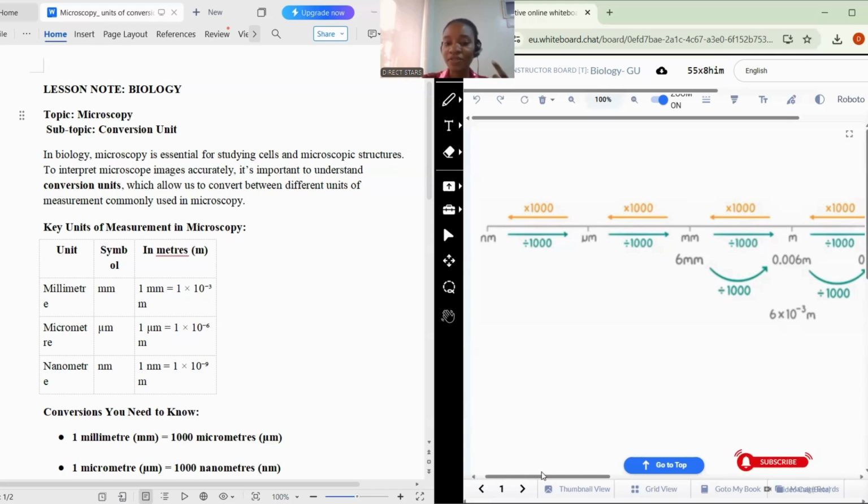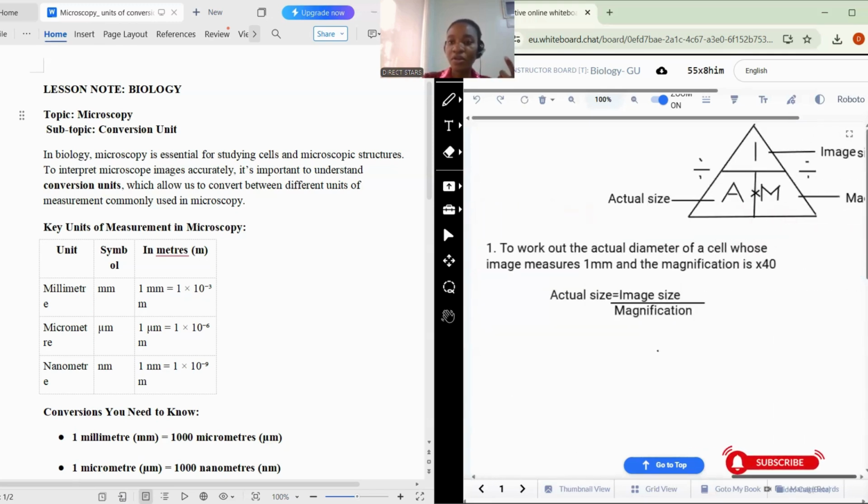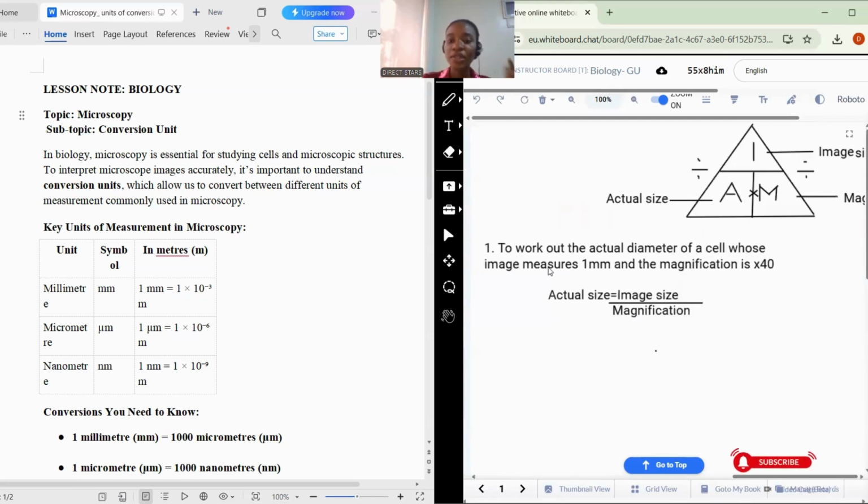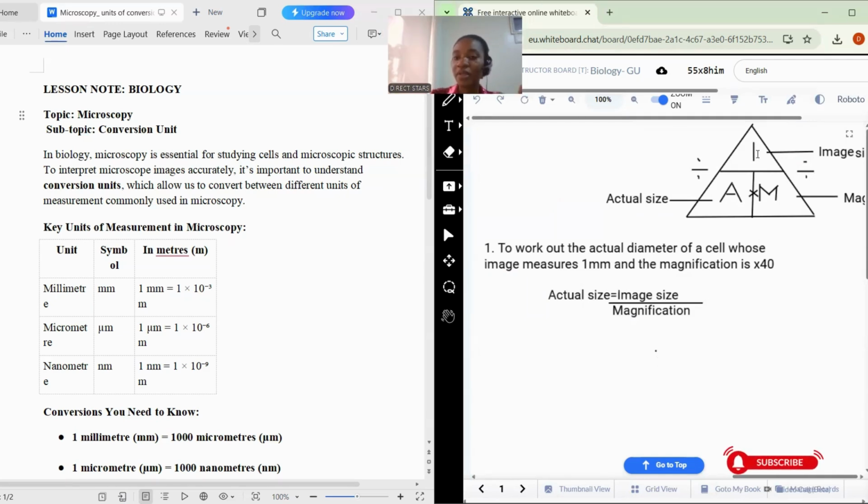Now, let's take this for example. This is an example I would want us to work out in this class today. The I represents the image size, the A represents the actual size, and the M represents magnification. And then you want to know the actual size of that object. You have to make use of this formula.